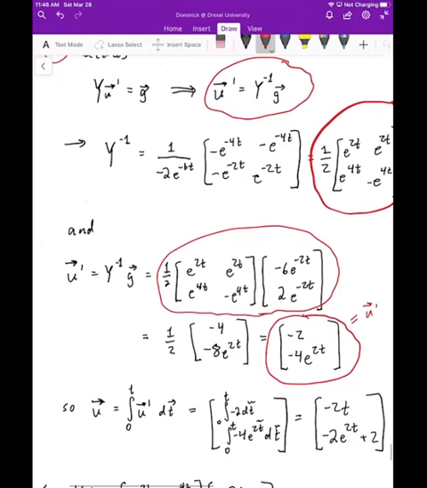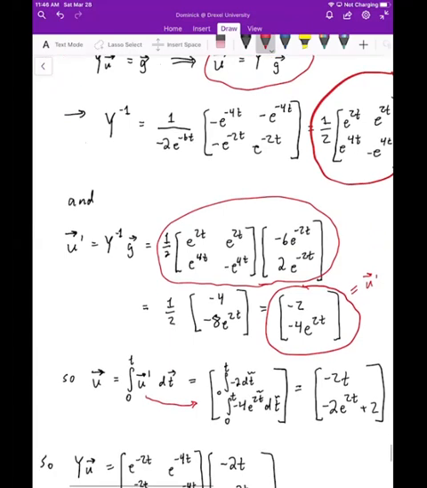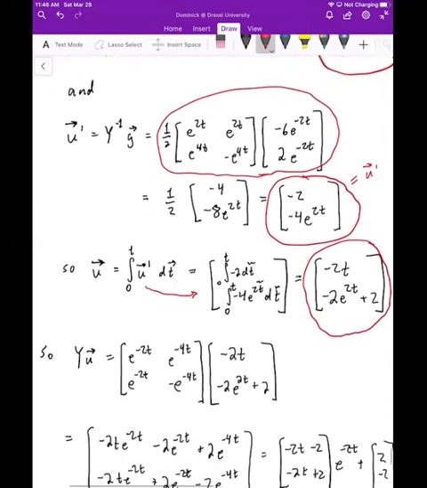But we want u, so what do we do? We just integrate. So we're going to integrate our u prime vector, and that just happens component-wise. And you integrate this from 0 to t, which is going to allow us to say that our u vector is negative 2t and then negative 2 e to the 2t plus 2. So then we get y times u.